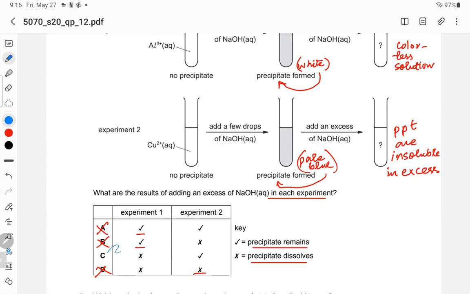So C is our correct answer. Yes, is it understandable to everyone? Yes, sir.